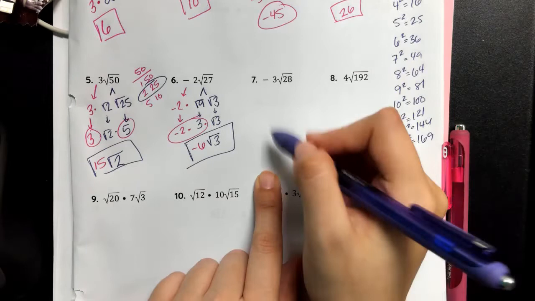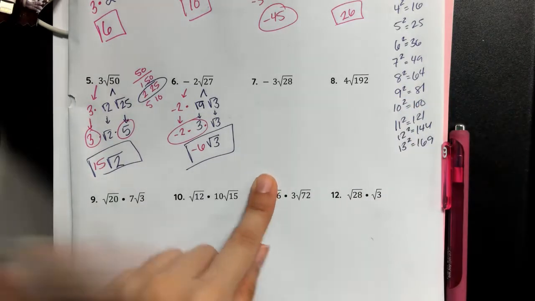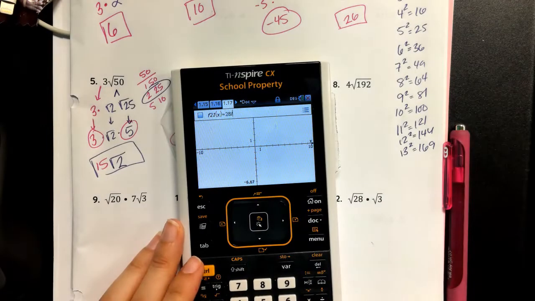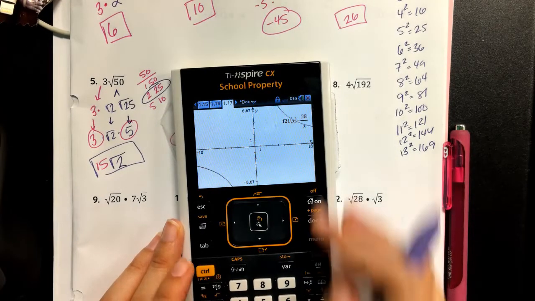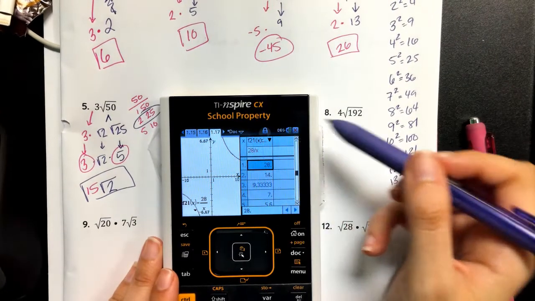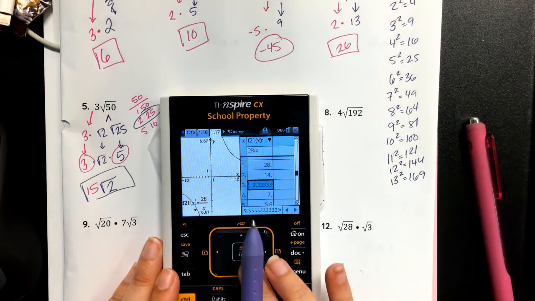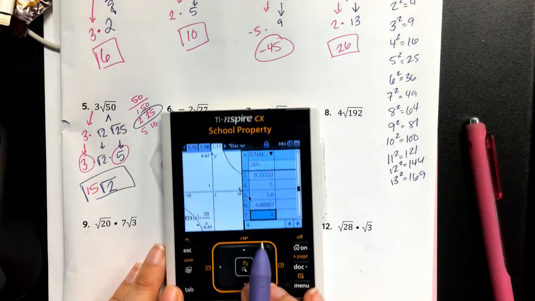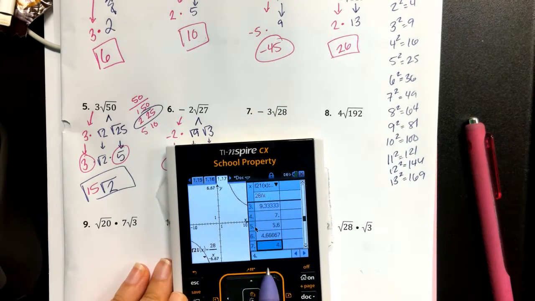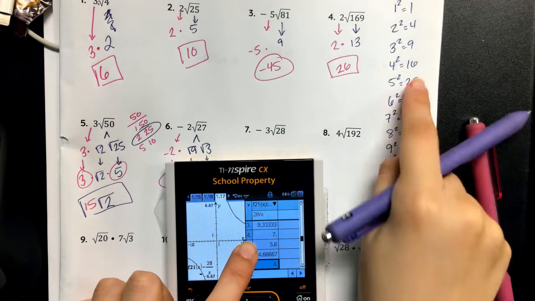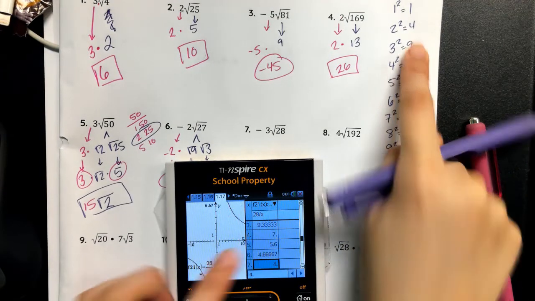So we move on here, 28. If I look at my factors of 28, I can see I have 1 and 28, not a perfect square. 2 and 14, not a perfect square. 4 and 7. 4 is a perfect square.